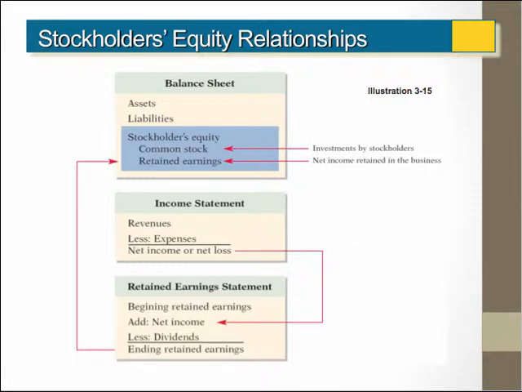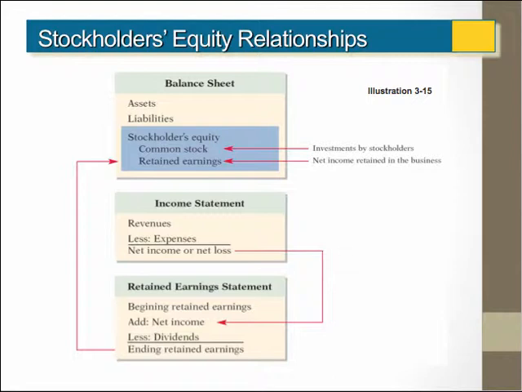Just remember the relationships of the various accounts to stockholders' equity. Common stock is an increase to stockholders' equity, and so is retained earnings. However, within retained earnings, revenues will increase retained earnings, but expenses will decrease retained earnings. Also, dividends decrease retained earnings.